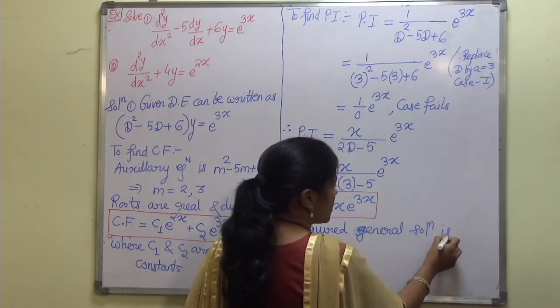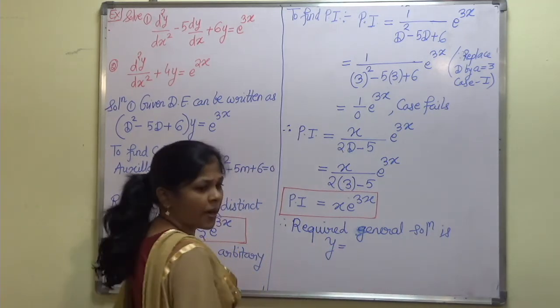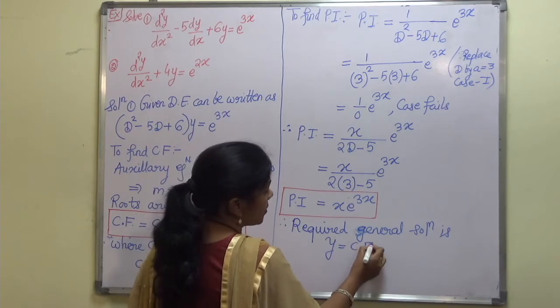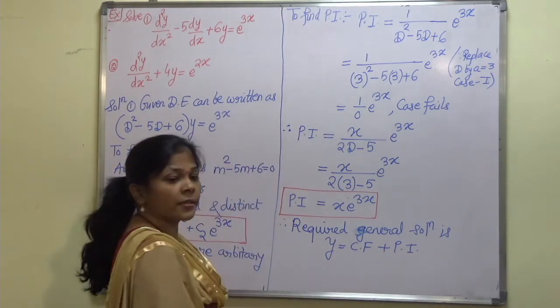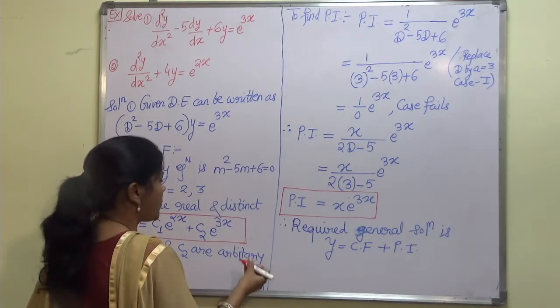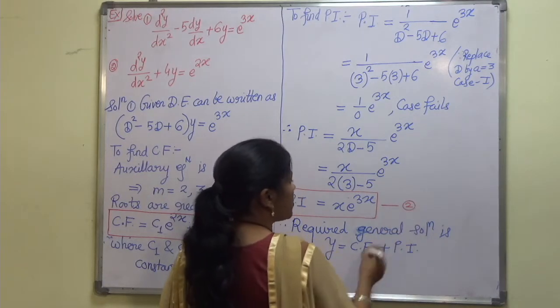Therefore the required general solution is, what is the general solution? It is, the dependent variable, that is y equal to complementary function plus particular integral. Just substitute the value of CF and PI. So this is our equation 1, this is equation 2. Make use of these two.